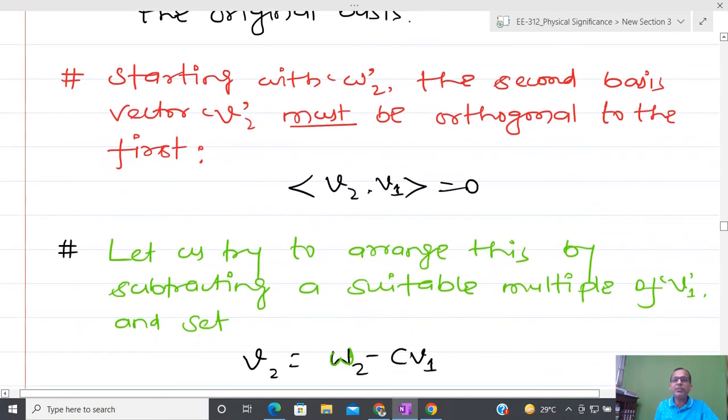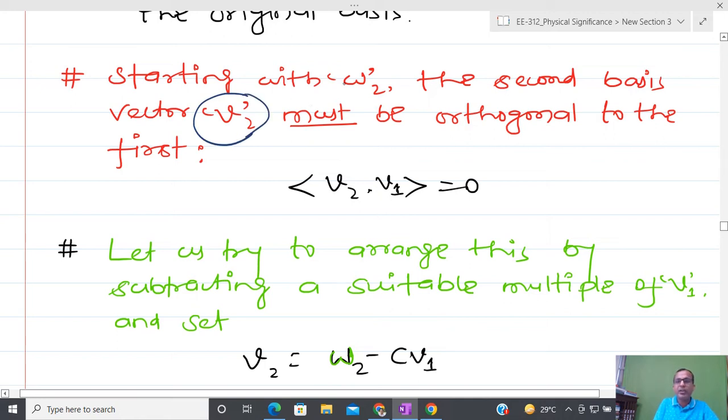Now starting with w2, the second basis I am going to construct as v2. Okay, so w2 I know. Now with help of w2 I am going to construct the v2, but I am going to construct some kind of orthogonal basis, and I have already assumed the first basis v1 equal to w1. So whatever second basis comes into picture, if you take the inner product of the first and second, that equals 0.